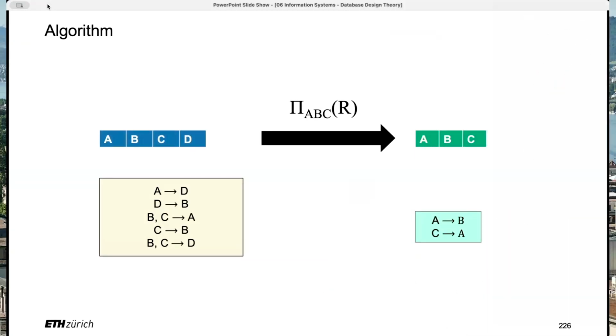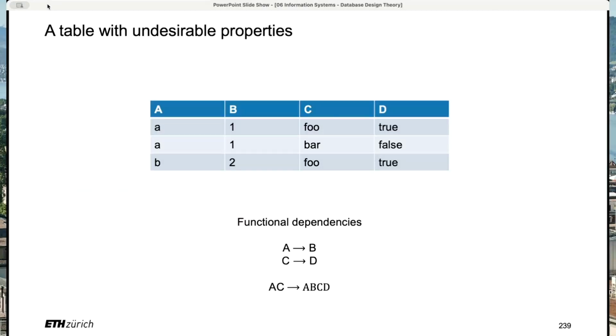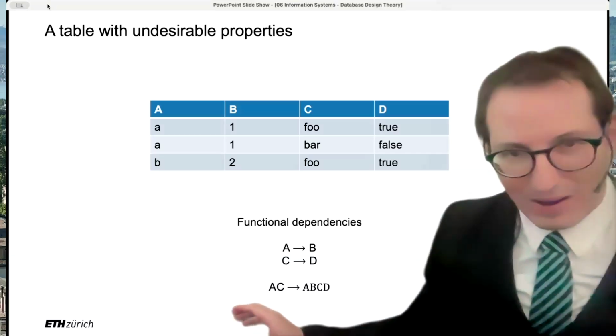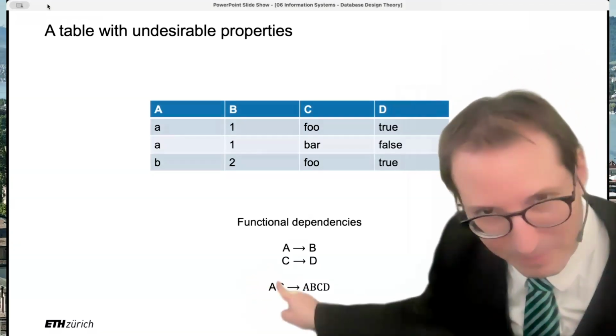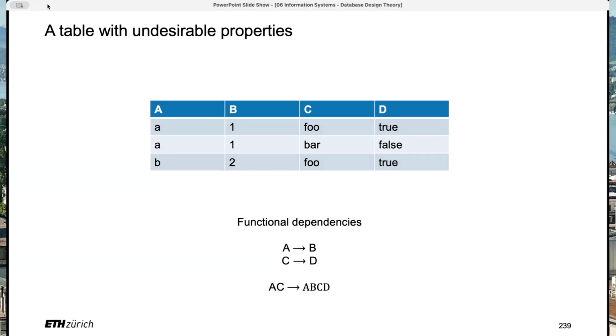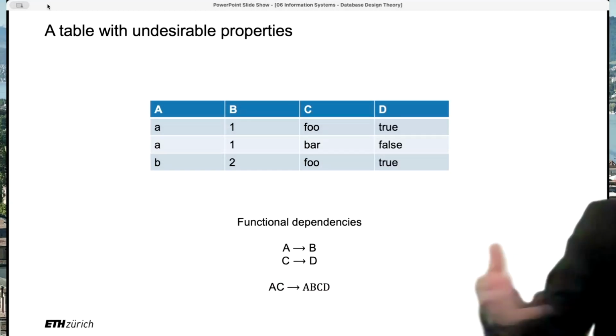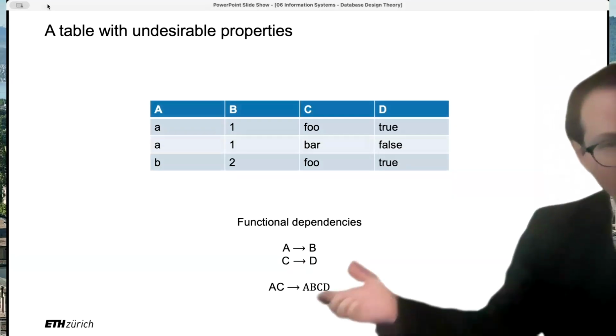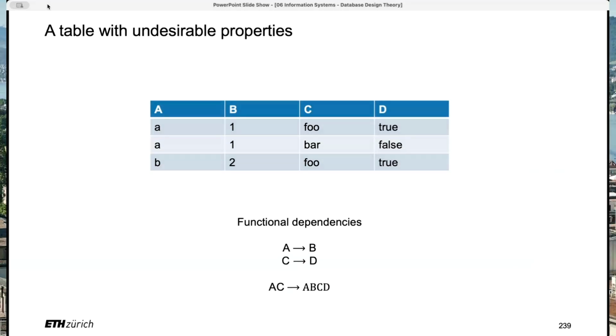So now if I come back to this, AC is a super key because it determines A, B, C, D. What would be a minimal basis here, if you want to speak in terms of minimal basis? It wouldn't be AC because AC is a set of attributes. So what would be a minimal basis that you see on the screen right here?